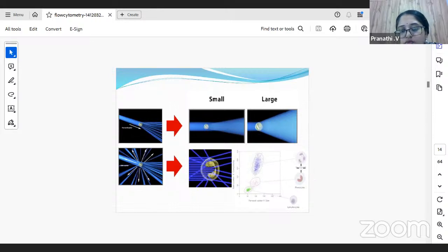If it is a neutrophil, you're going to get an image as such; if it is a monocyte or a lymphocyte, it differs based on the kind of scattering of the light. That is why the laser beam plays an important role along with your dichroic mirrors, and all of it will help in getting the correct image of the different kinds of cells that are present.